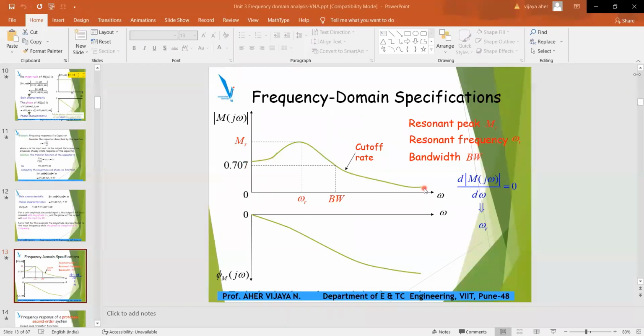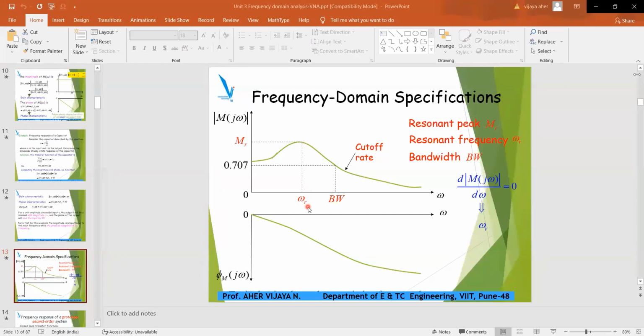According to the equation, when omega is equal to 0, the magnitude is this much. At omega equal to omega r, where omega r is the resonant frequency, the amplitude is maximum. This is the maximum resonant amplitude, or resonant peak, denoted by letter Mr, having the maximum value at omega equal to resonant frequency omega r.